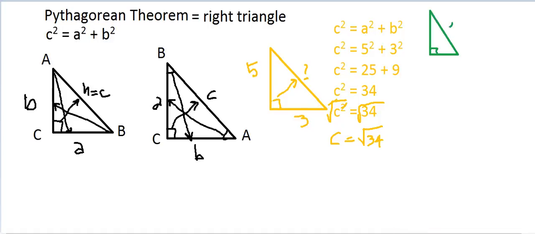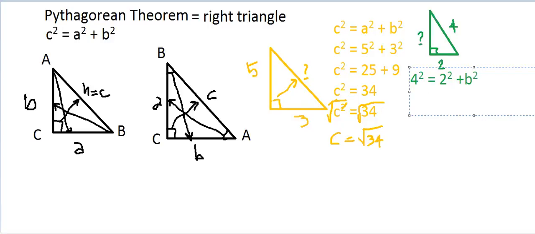Say this is 4, this is 2. So we're going to find this side. Knowing that this is a right triangle, we can apply the Pythagorean theorem. So C is given, which is 4. So 4 squared is equal to, say our unknown is B, 2 squared plus B squared.